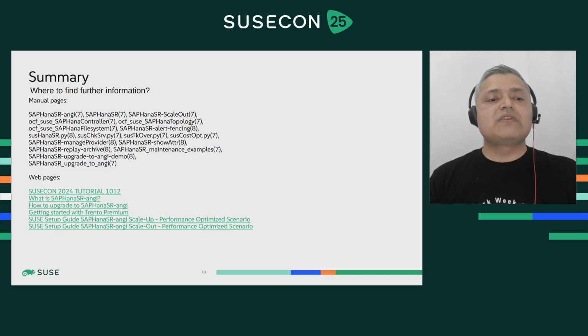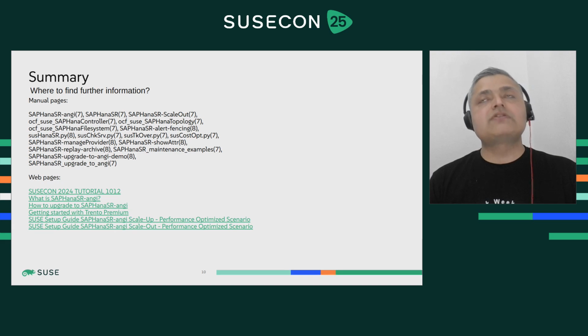there are also some web pages, particularly the last year SUSE tutorial 1012, and there are some blogs: What is SAP HANA SR-angi? How to upgrade to SAP HANA SR-angi? There is one related to Trento, which also deals with this topic.